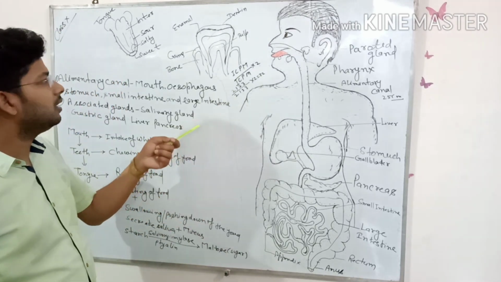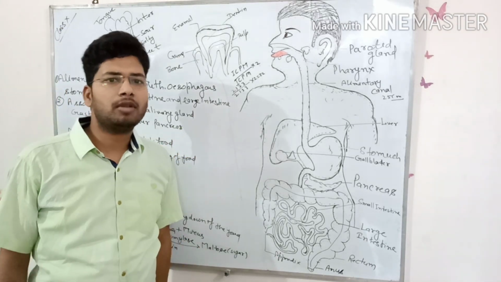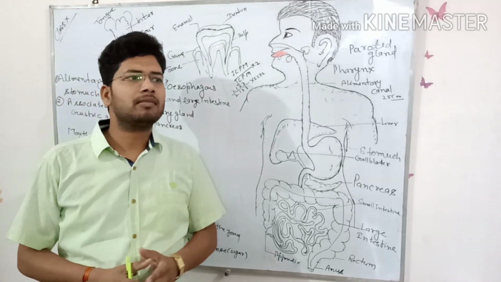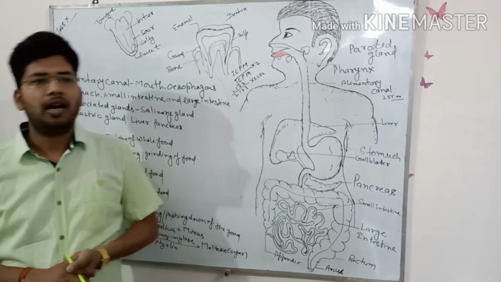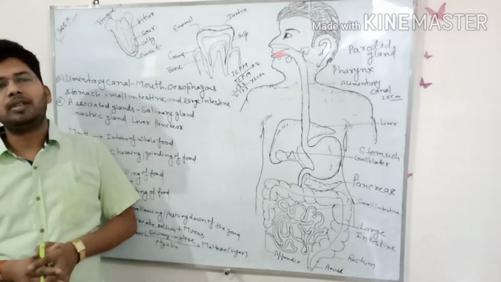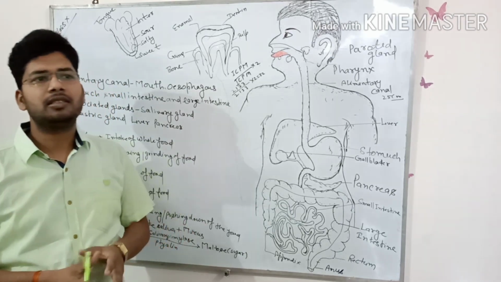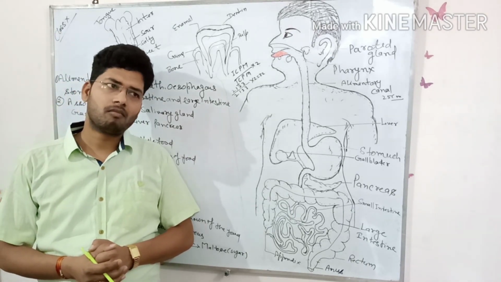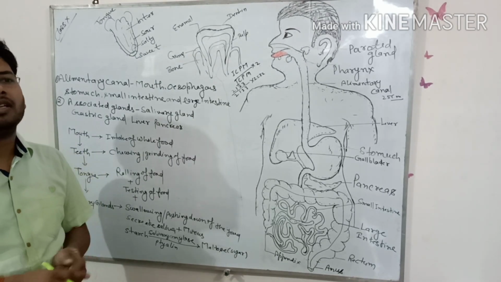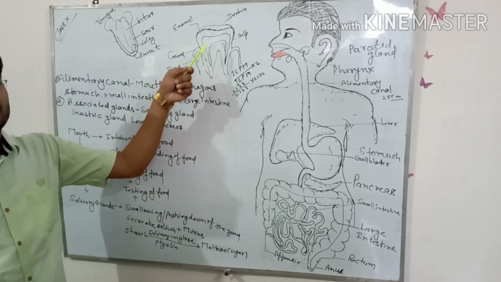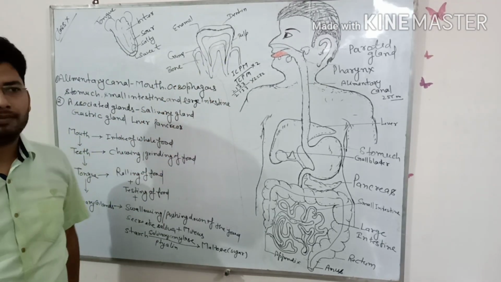Okay, and some more important points about teeth. Teeth are hard structures present in the buccal cavity, and they help us to eat, cut, shear and masticate the food we eat. A vertical section of a tooth shows 4 layers: enamel, dentine, cement, and dental pulp.